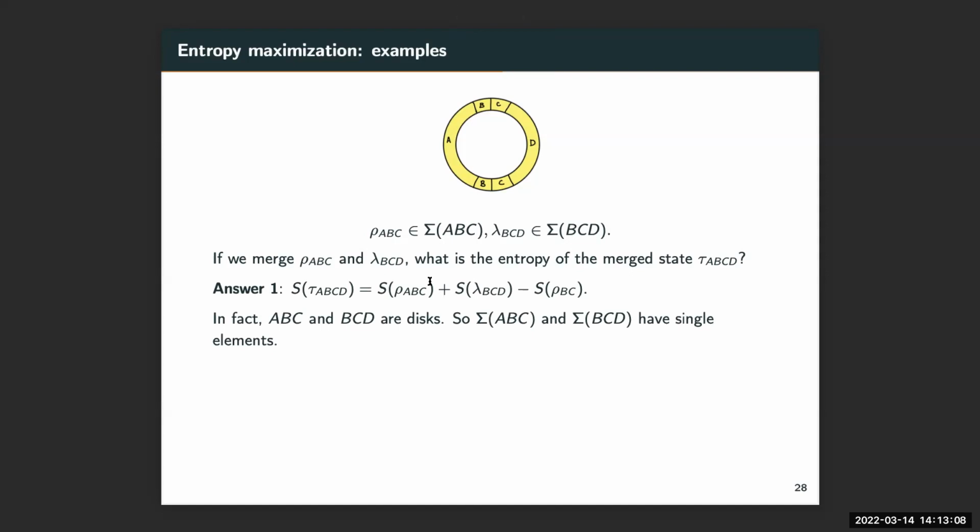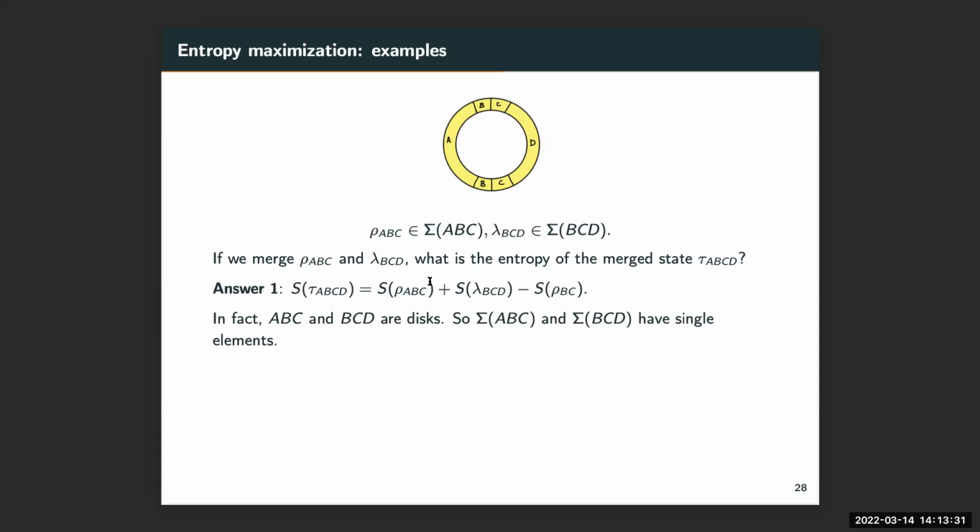What we realize is that first of all, ABC and BCD are both disks. And if you remember what I told you a few slides ago, on the disk, the information convex set has a unique element. And obviously, the reduced density matrix of the global ground state into ABC and BCD should be an element of the information convex set.